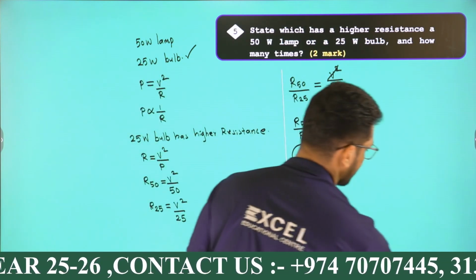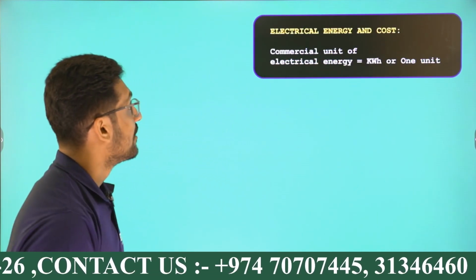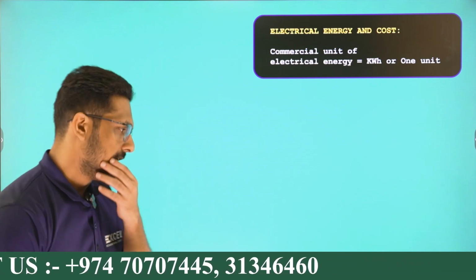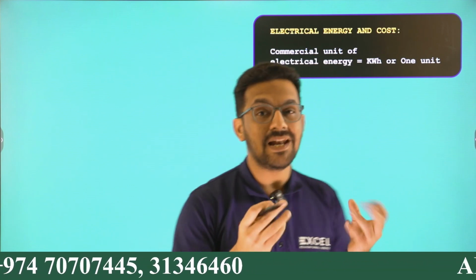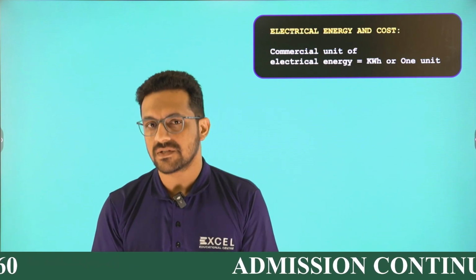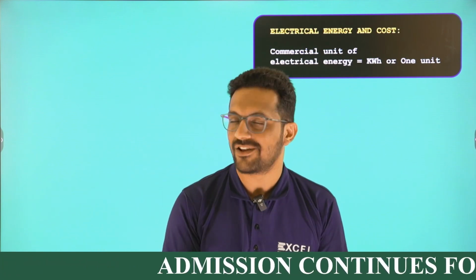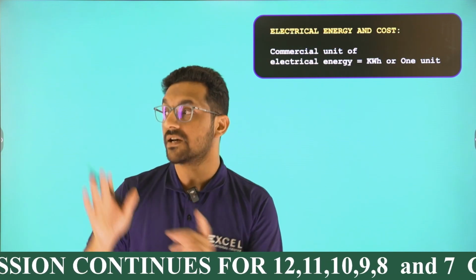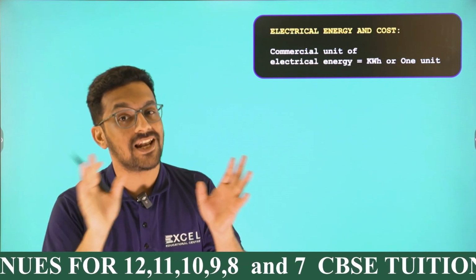We are going to see electrical energy and cost. The electricity board will be billing us at the end of each month. What are they billing us for? Are they billing us for the current we are using or the voltage we are getting? No. They are billing us for the energy we are using. If there is a bulb, a tube light, an AC, every electrical equipment will be using an amount of energy.